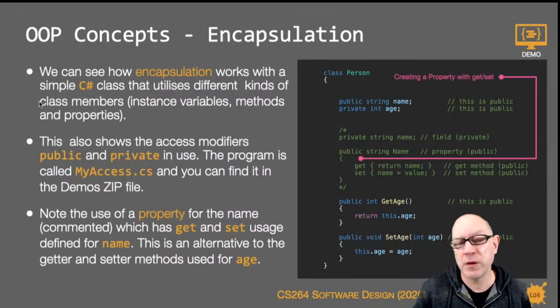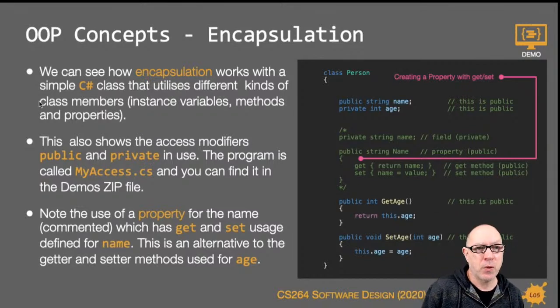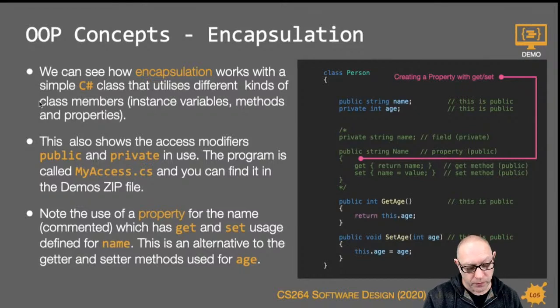Okay, so when you did your Java, or at least the normal way that you would teach Java, you create your class. And then you have your variables, and the general rule is let's make those instance variables private, okay?